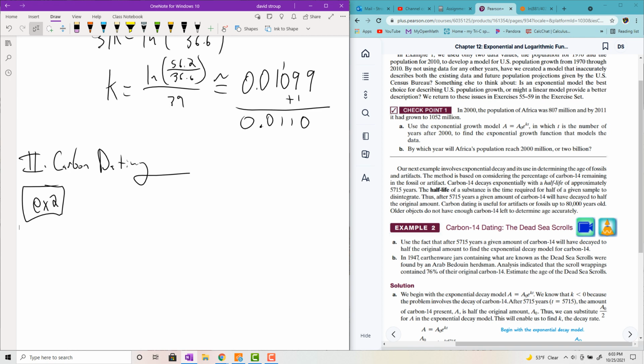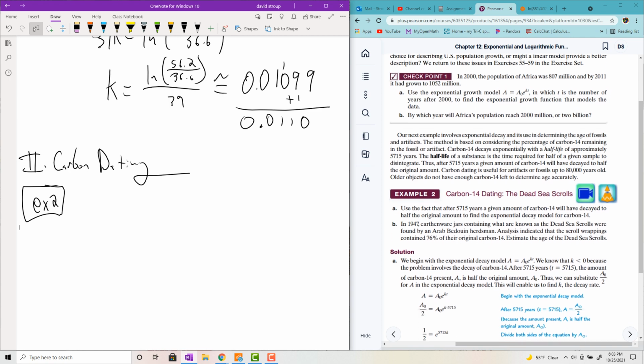Carbon-14 decays exponentially with a half-life of approximately 5,715 years. The half-life of a substance is the time required for half of a given sample to decay. Thus, 5,715 years after, a given amount of carbon-14 will have decayed to half the original amount.